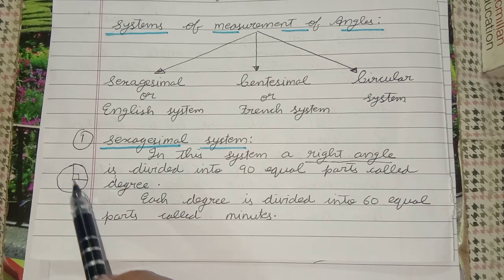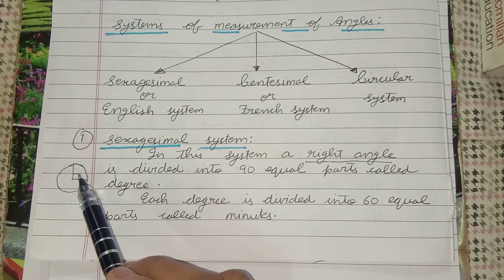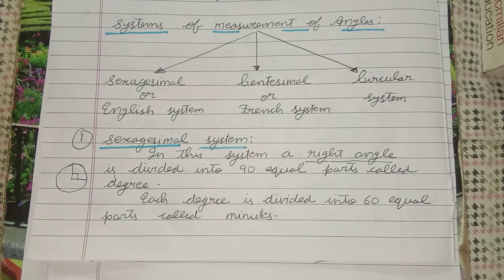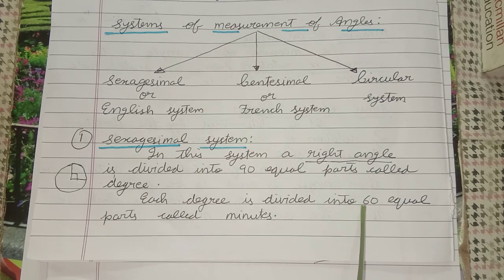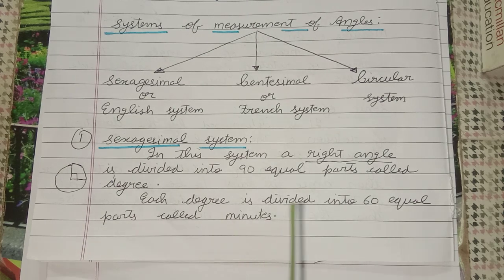Now this right angle is divided into 90 equal parts. If you divide this quarter into 90 parts, one part will be called a degree. Then if you divide each degree into 60 equal parts, each part will be called a minute. Clear? Okay, let us move ahead.